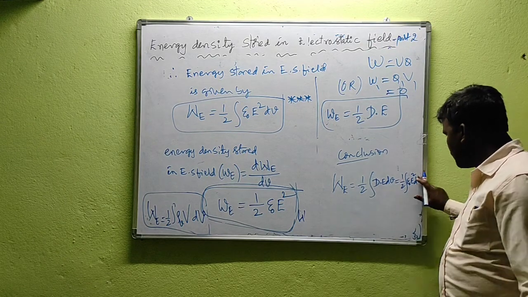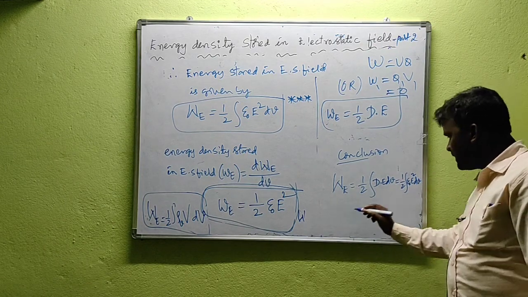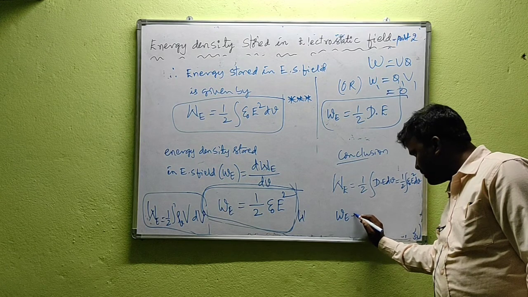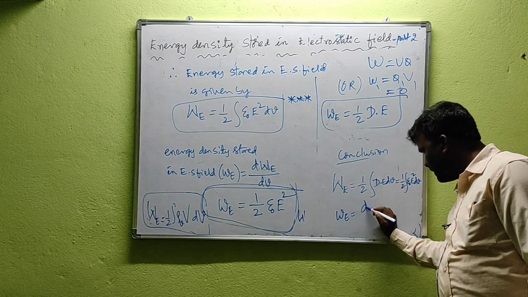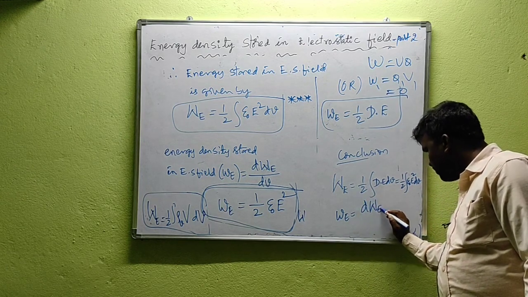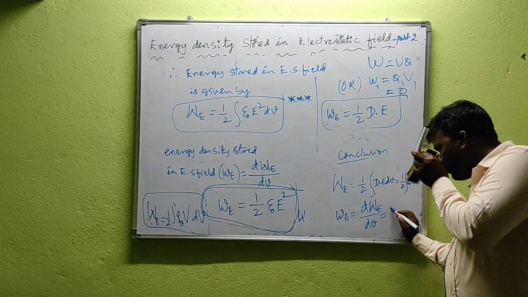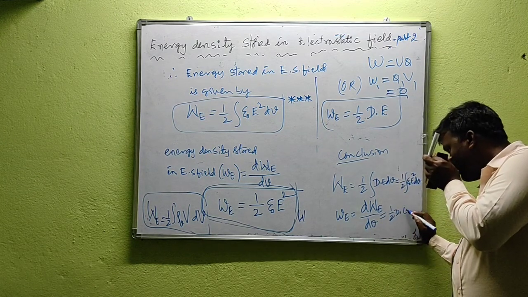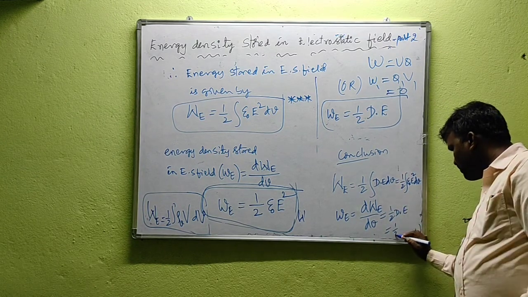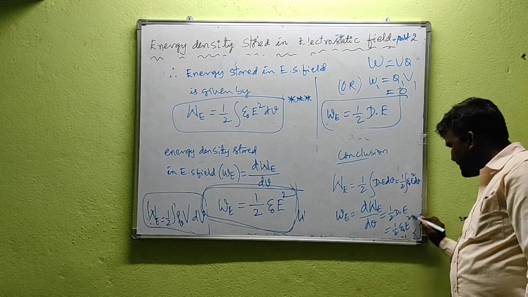This is the energy stored in the electrostatic field. Energy density is small w equal to dWE by dv, that equals 1 by 2 D dot E, or else it is equal to 1 by 2 epsilon naught into E square.